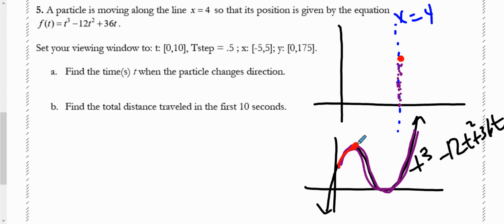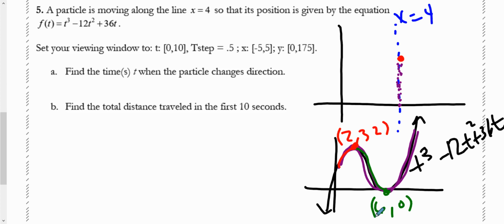So when we find that maximum, using the second trace on the calculator, we end up getting a point which is 2, 32. Then if we were to come down here, it's coming down to this minimum. This point here is 6, 0.